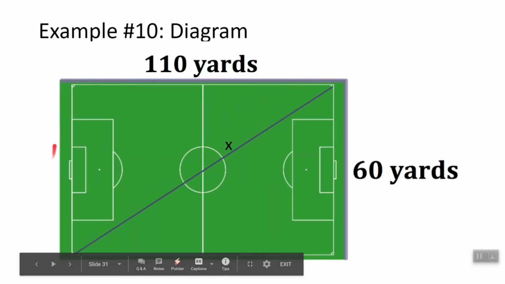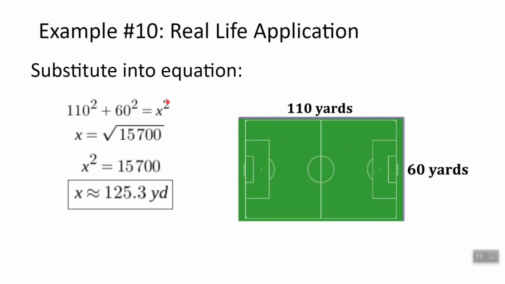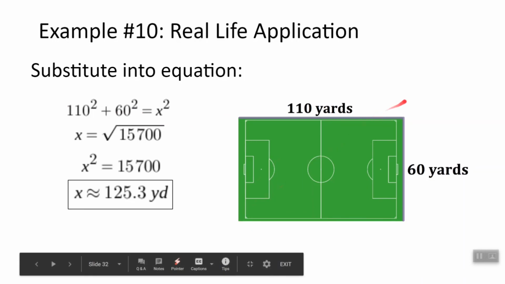So obviously you can see that there's a right triangle right here, or right here. So the legs are 110 yards and 60 yards. And now we have to find x. So what you would do is substitute into the equation. So you would have 110 squared plus 60 squared is equal to x squared.